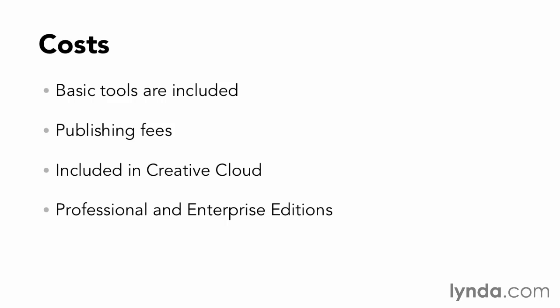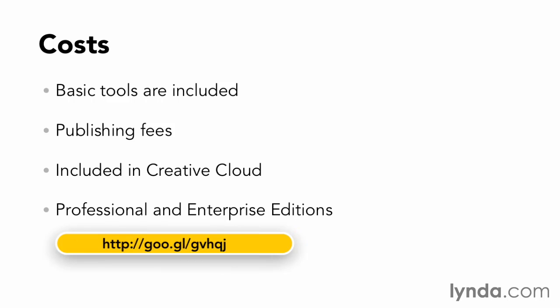With a Professional Edition subscription, you can create an unlimited number of apps for both iPad and Android devices. And for high-end customers, Adobe offers an Enterprise Edition, which allows large companies even more flexibility to create unique branded apps. For up-to-date information on features and pricing, check out the DPS family page on adobe.com.